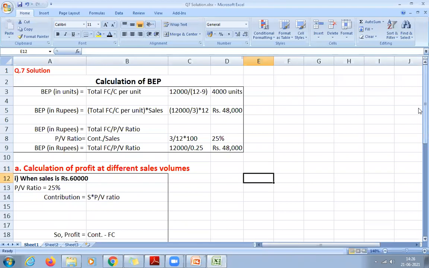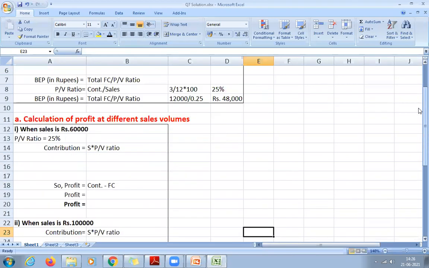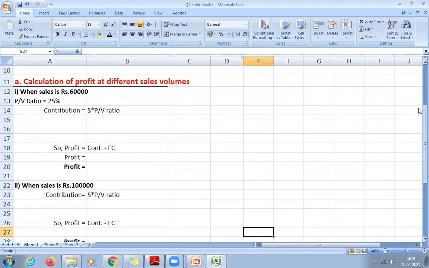It's very simple. Now the main important thing is how to calculate profit when the sales is given. Sales is 60,000, and we have to calculate the profit. First we have to calculate contribution for the new sales.